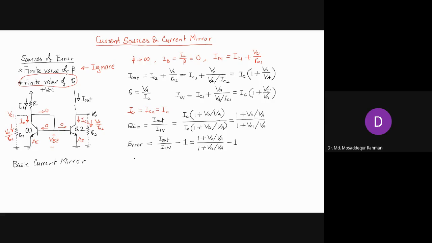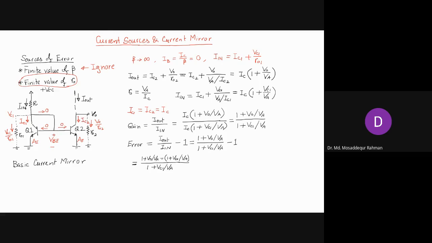After doing the math, in the denominator we have 1 plus VC1 by VA, and in the numerator 1 plus V naught by VA minus 1 plus VC1 by VA, right?